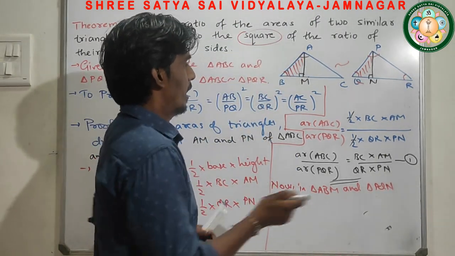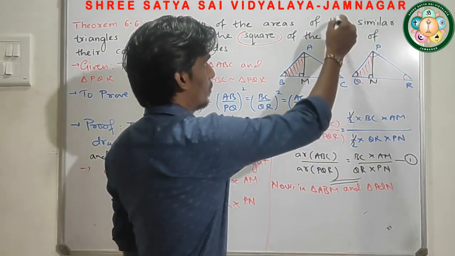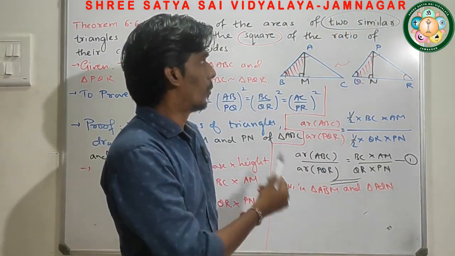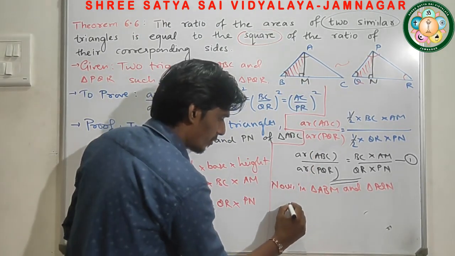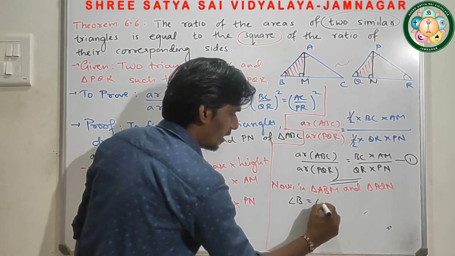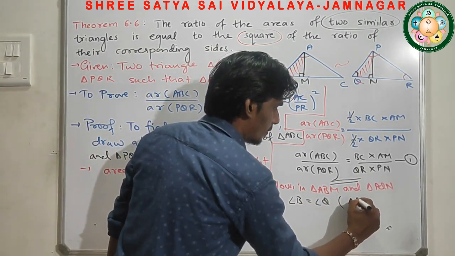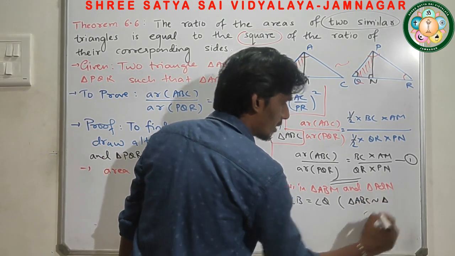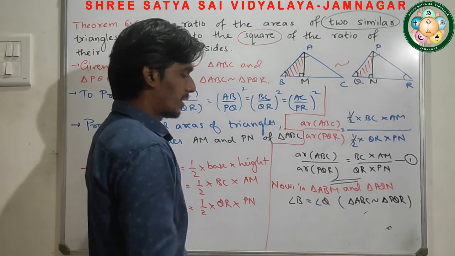We can say that angle B is equal to angle Q because both the triangles are similar, the corresponding angles are equal. So first reason we are going to use: angle B is equal to angle Q. Reason: triangle ABC is similar to triangle PQR, or we can write given.